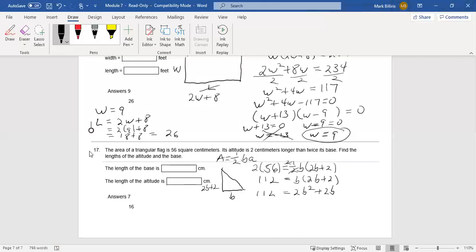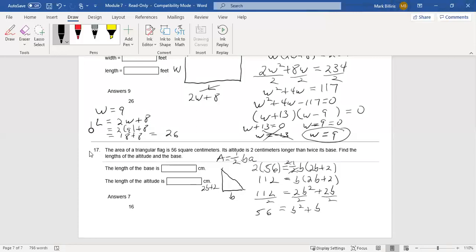So again, to make life easier on you, since all of these are even numbers, I'm going to divide everything by 2 to make my numbers smaller. So this gives me 56 equals b squared plus b. So remember, we need to set this to 0.